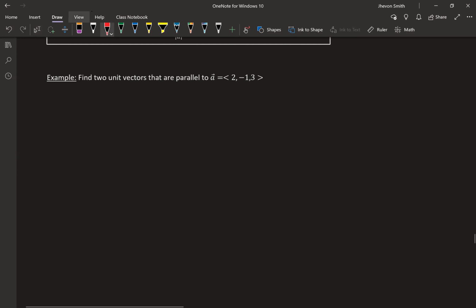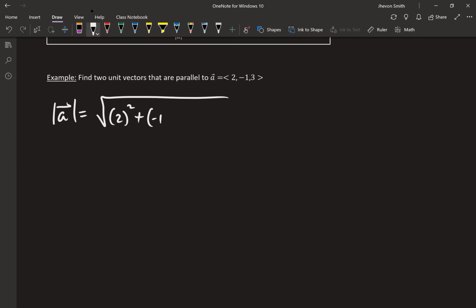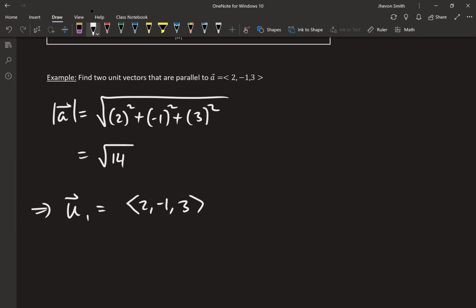Well, the first thing you would do is find the magnitude of A, which we saw how to do last time. So it's the square root of 2 squared plus (-1) squared plus 3 squared, and that's going to be radical 14. Okay. And then all you do is, so you have a vector u. One of the unit vectors is just going to be this vector divided by radical 14.